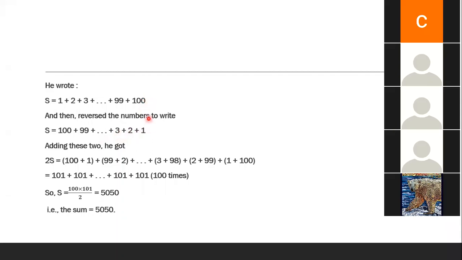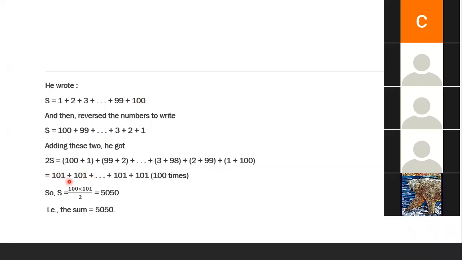Any doubt in these two, children? I'm adding these two. If I add these two, the left-hand side S plus S is equal to 2S. And here 100 plus 1, 101. 99 plus 2, that is also 101. Again 98 plus 3, 101. At the last term, 100 plus 1, 101.